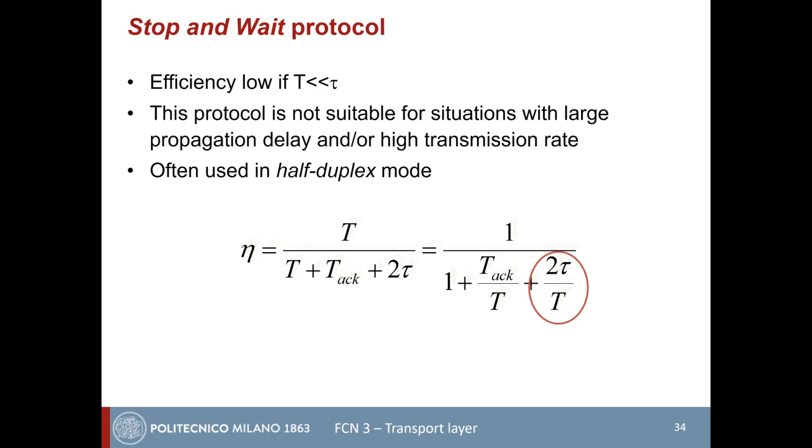So this protocol is very simple but not efficient in terms of the usage of the channel, and in particular it's not suitable when the distance is very large, and when the transmission time is very short, so the capacity of the channel is high.